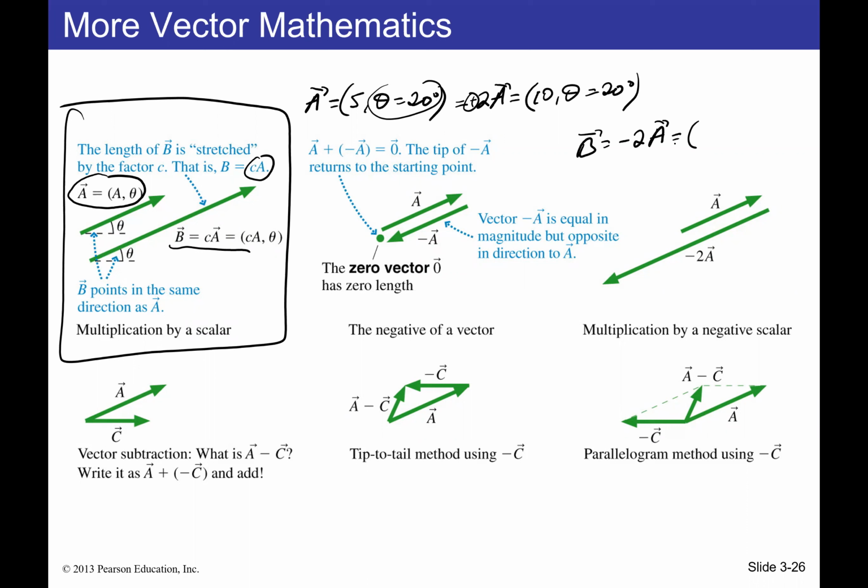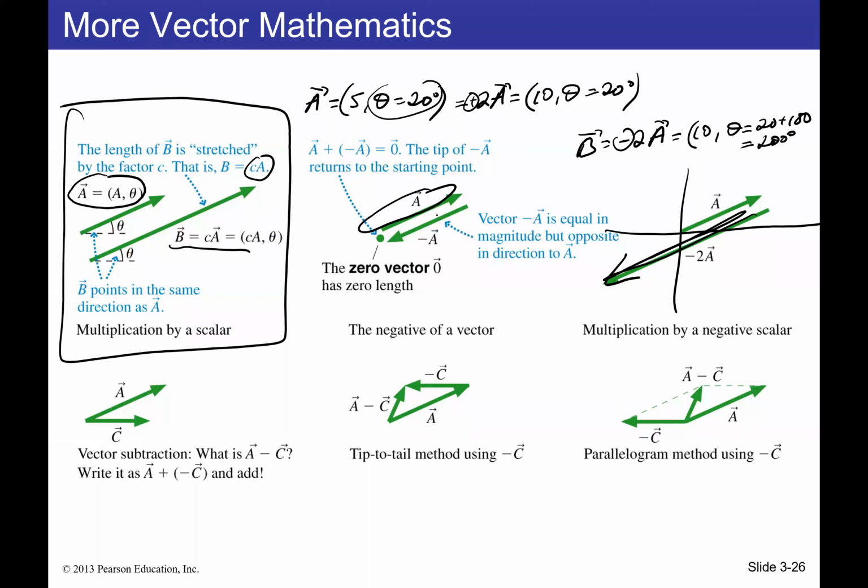In that case, the magnitude would double, but the direction would change. The direction would be 20 plus 180, so it would be 200 degrees. In the coordinate system, this is negative 2A, which is twice as long but pointing in the opposite direction compared to A.